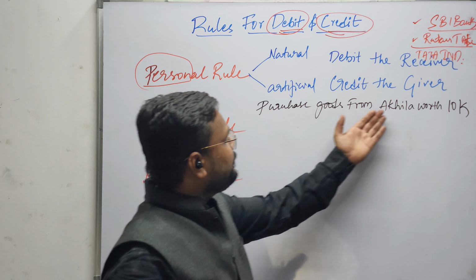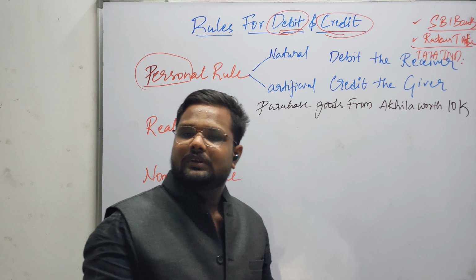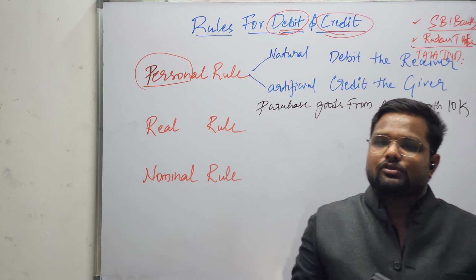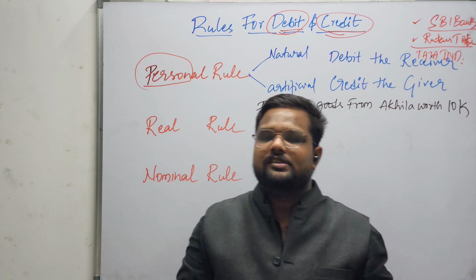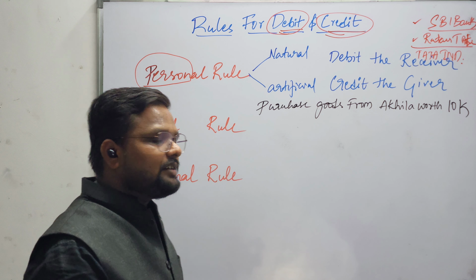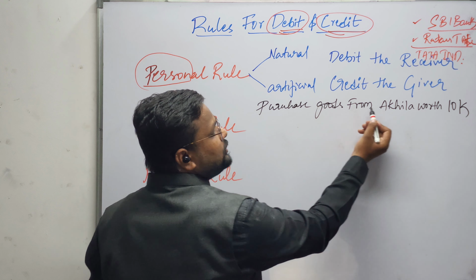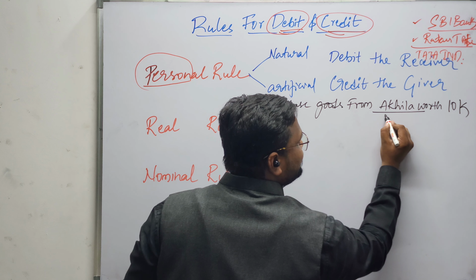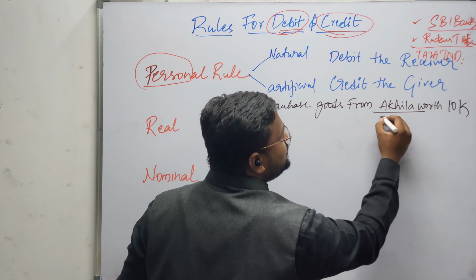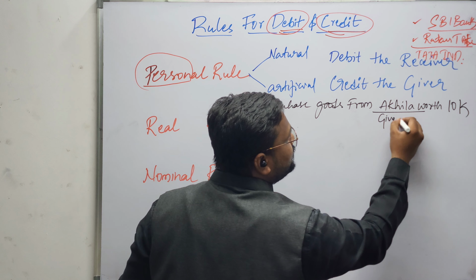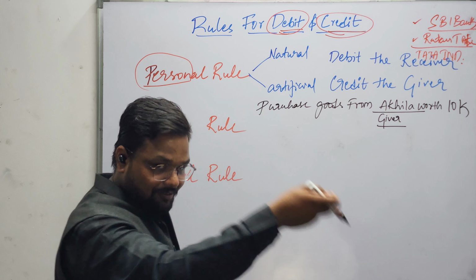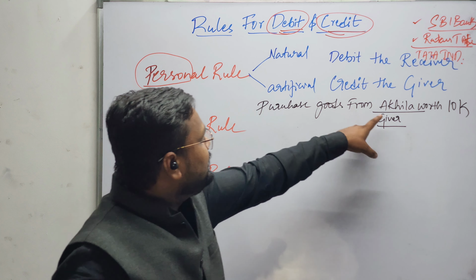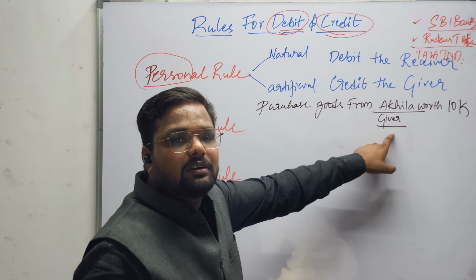In this transaction we are not paying cash, so this is a credit purchase. Here Akhila is standing in the position of giver, because she is giving us the goods. We are receiving them, but Akhila is the giver.